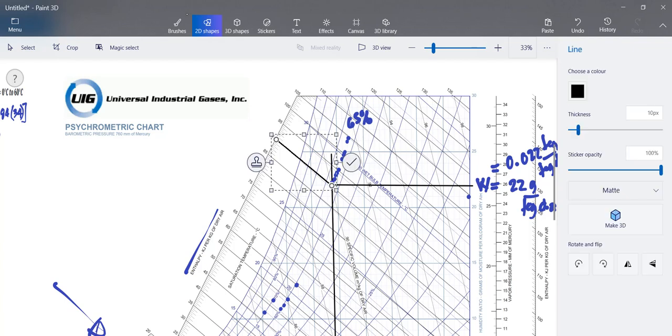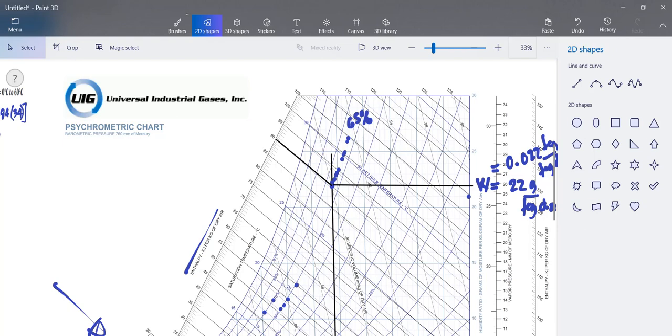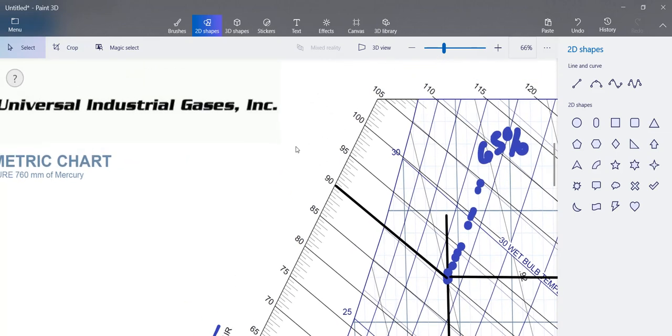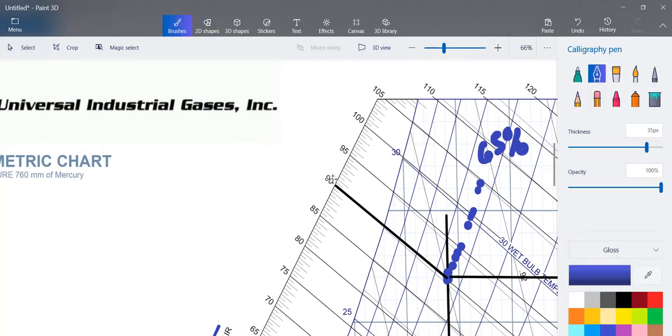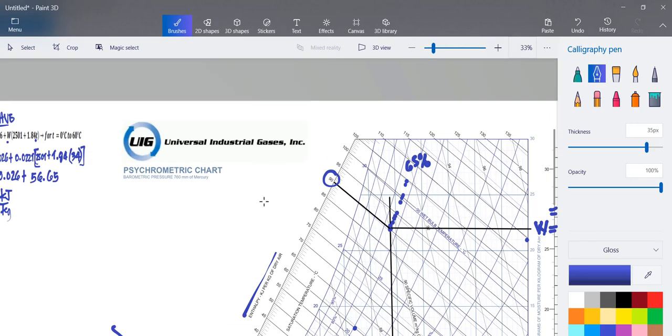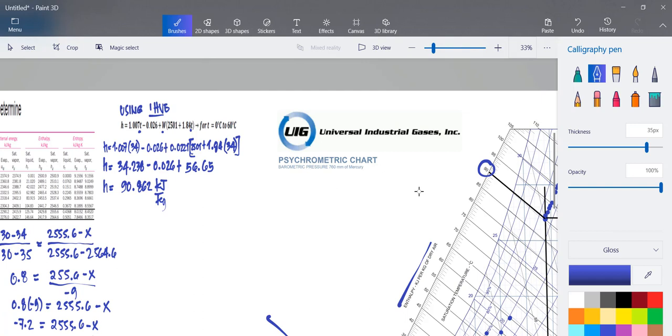Okay, so what we have now is 90. So we have the value of 90, so this will become 90 kilojoule per kilogram. Okay, so it is almost the same, no? Yeah.